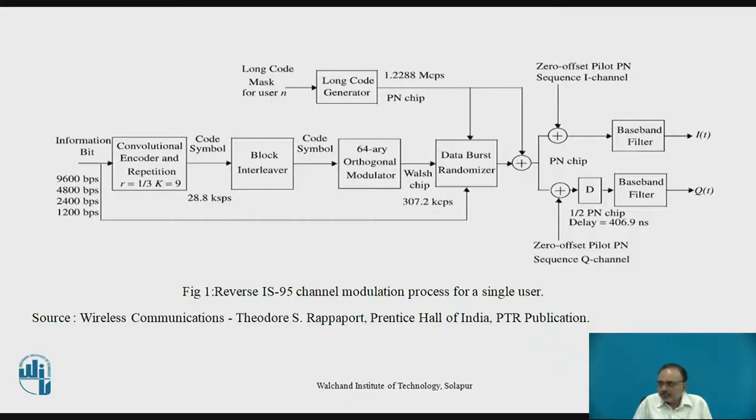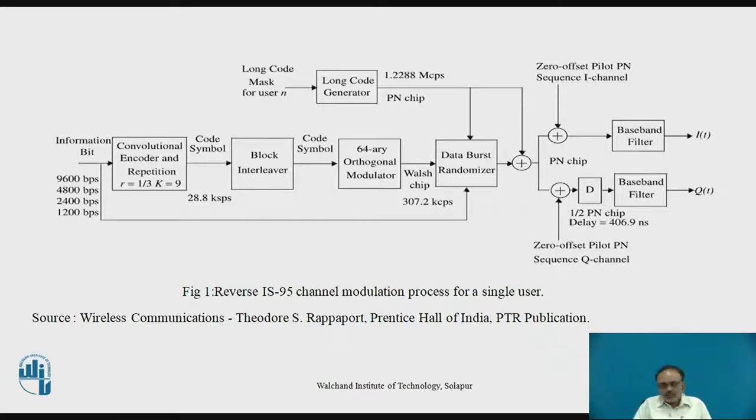The data burst randomizer is also included, along with the PN chips at the rate of 1.2288 Mcps from the long code generator. These two signals are combined and then separated into two channels: one is the sequence I channel and the other is the sequence Q channel.